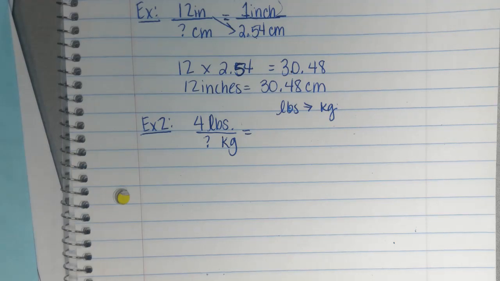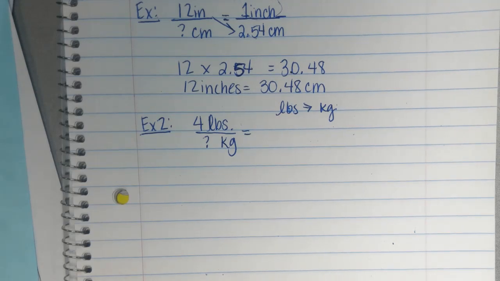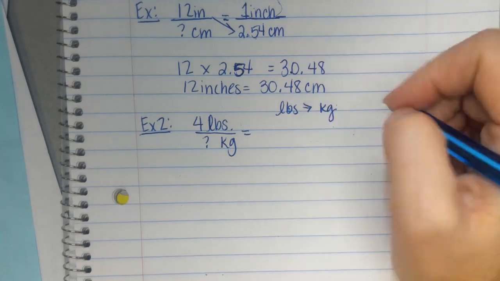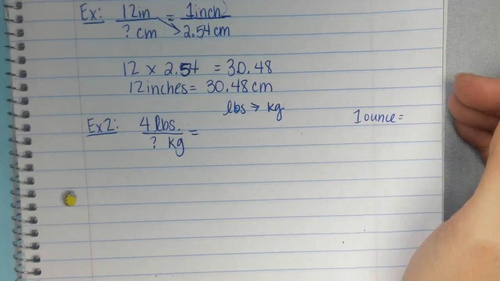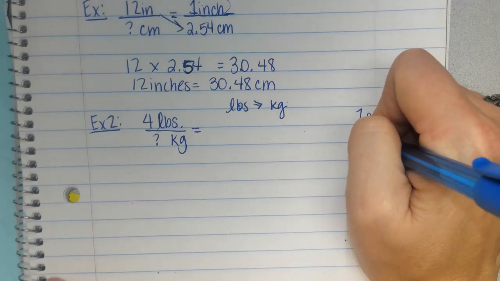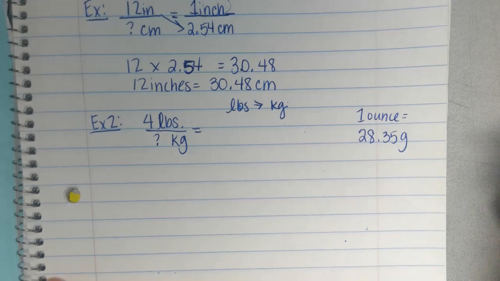Okay, so I can tell you right now that 1 ounce equals 28.35 grams.